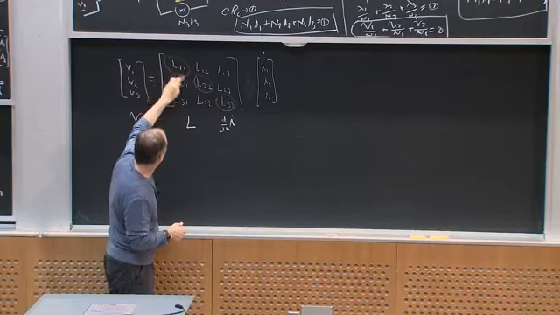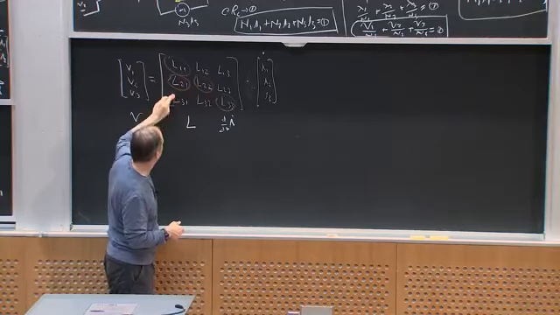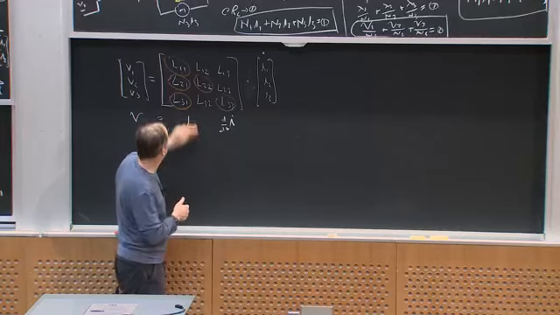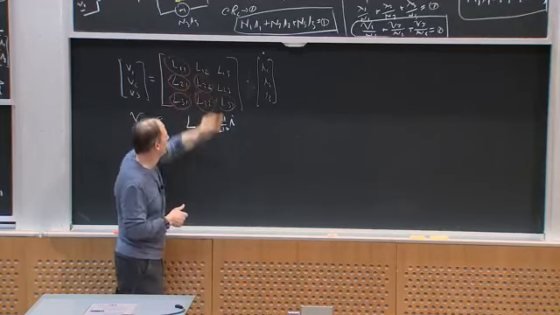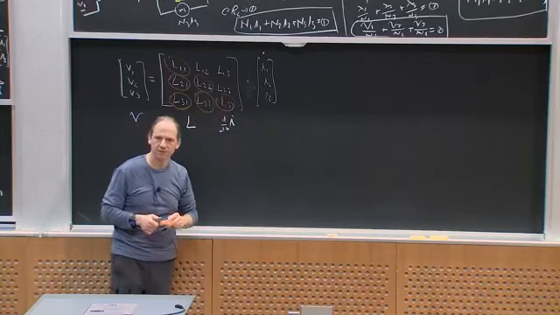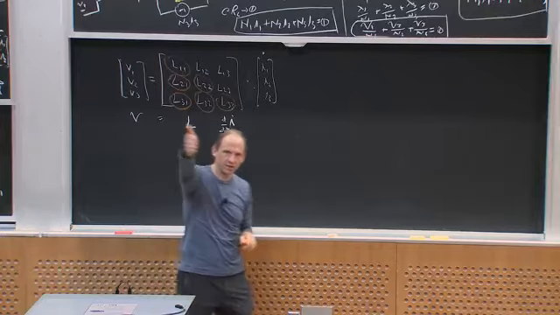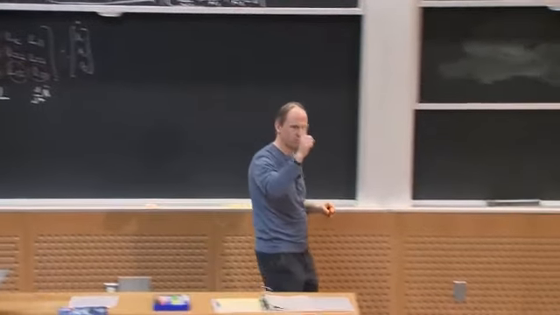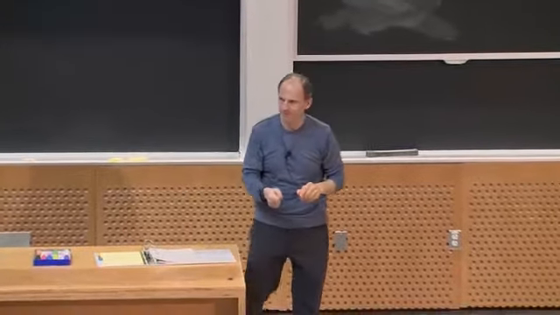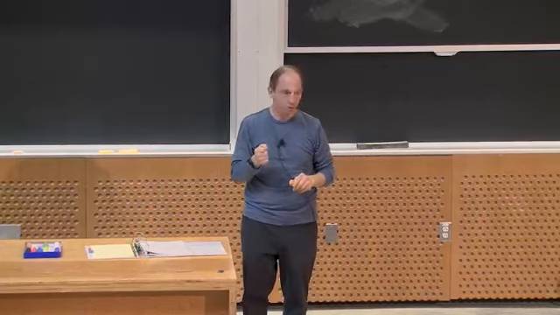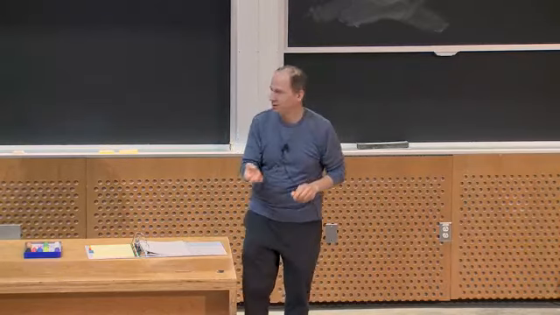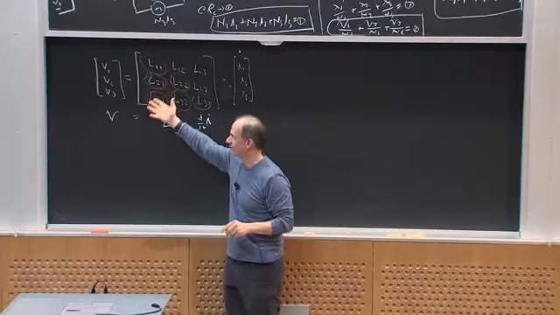Then I have L21, which equals L12, L31, which equals L13, and L32, which equals L23. So if I have a single inductor, I have one free parameter. If I have a 2x2, I have 3 parameters. If I have a 3x3, I have 6 parameters.